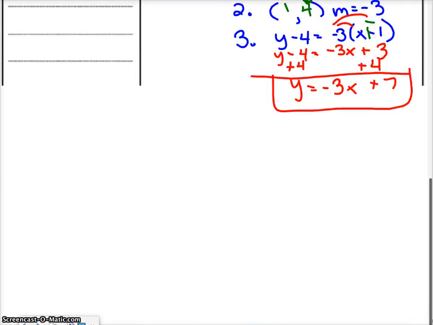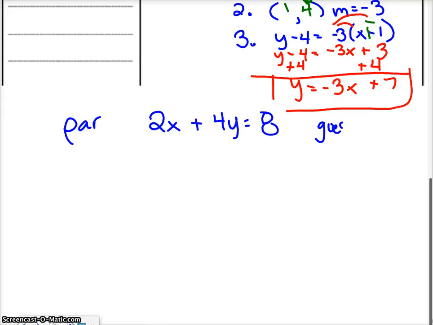Let's make an equation of a line that is parallel to 2x plus 4y equals 8 and goes through (4, 8). I'm just going to show you how I would do that.